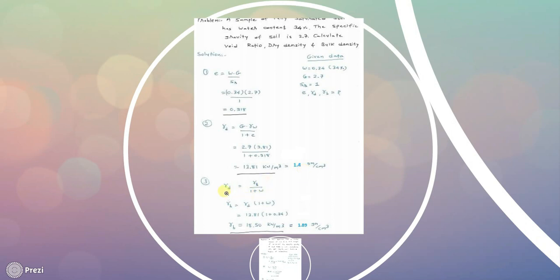And the third quantity, bulk density: gamma D is equal to gamma B upon 1 plus W. Here I have the gamma D value, I have the water content value, so I can find gamma B. For that, I'll make gamma B the subject of the equation and put in the values which I have.